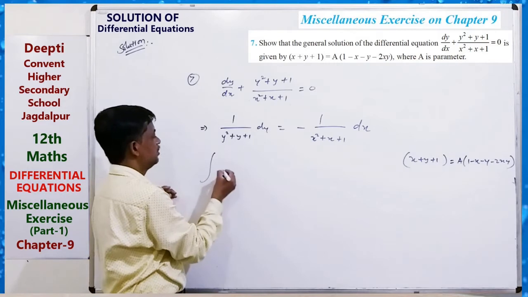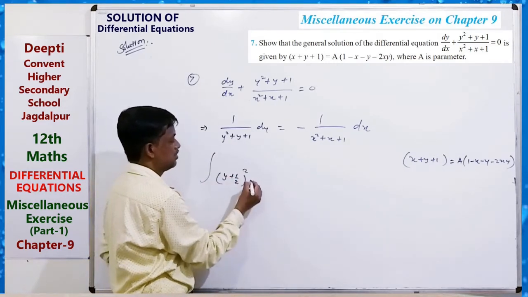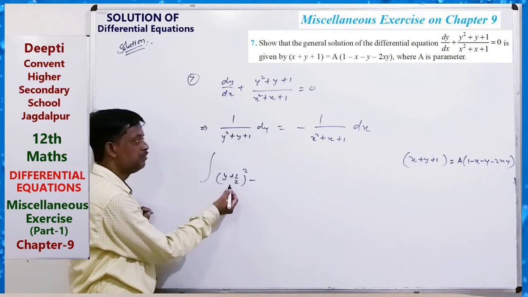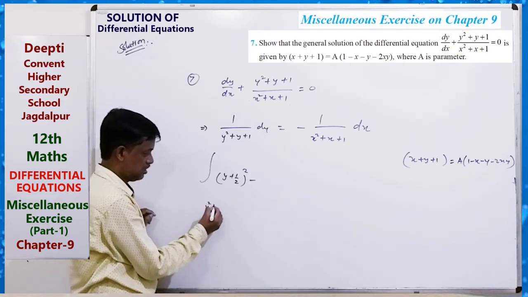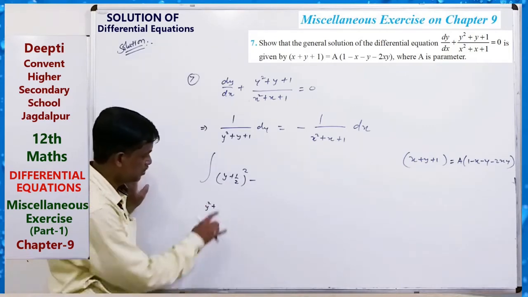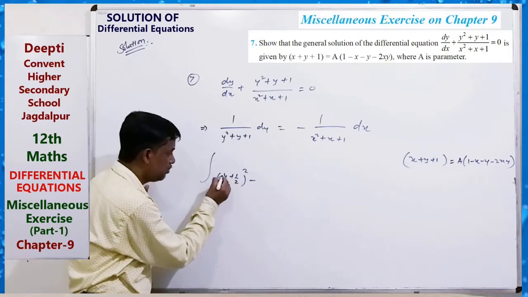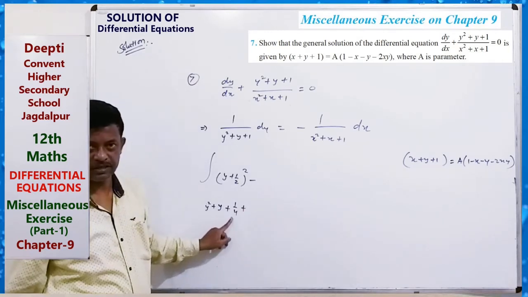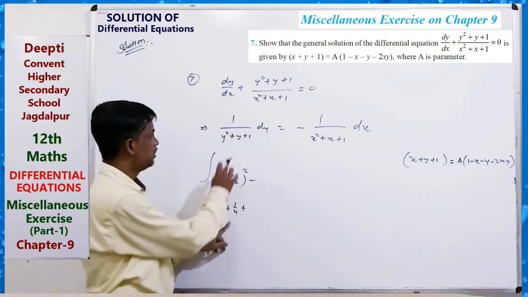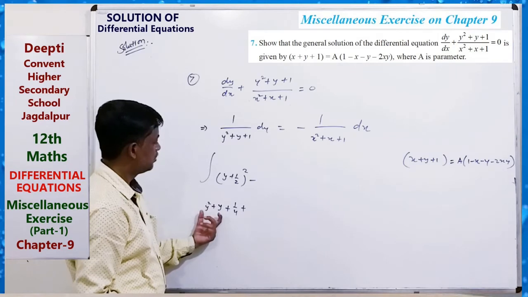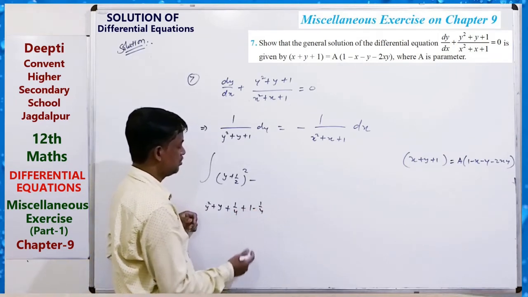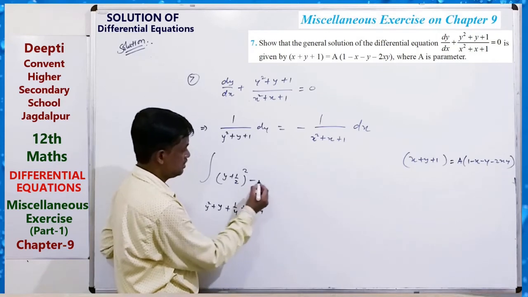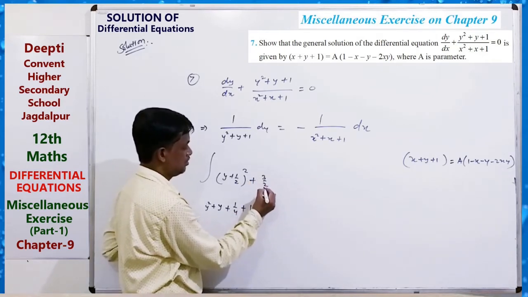Now integrate it. y square plus y plus 1 is (y plus half) square: y square plus 2 times half y plus 1 by 4, so 1 minus 1 by 4 is 3 by 4. Clear? That is plus 3 by 4.